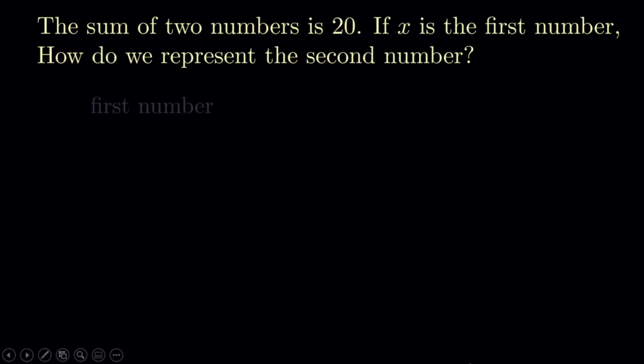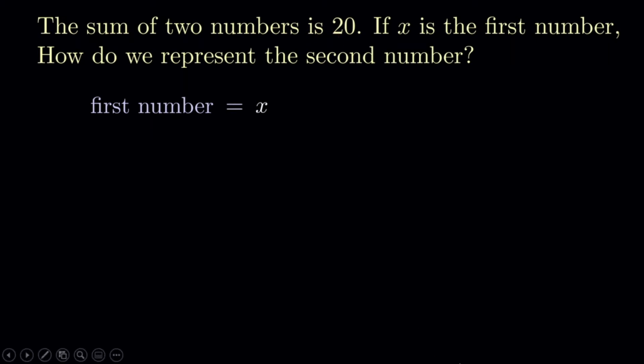Okay, so according to the problem, the first number is represented by the variable x. To represent the second number, we will use the first statement here, that the sum of the two numbers is 20.